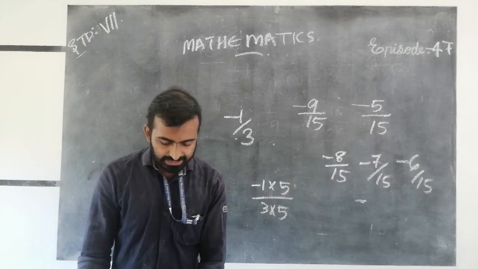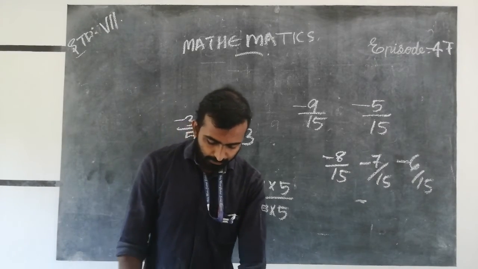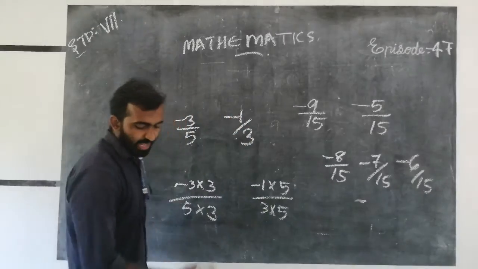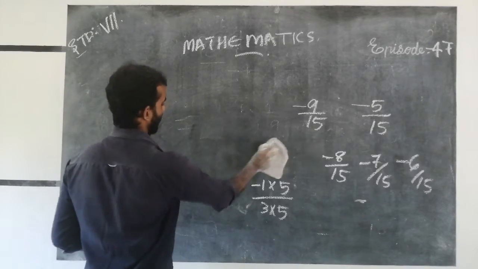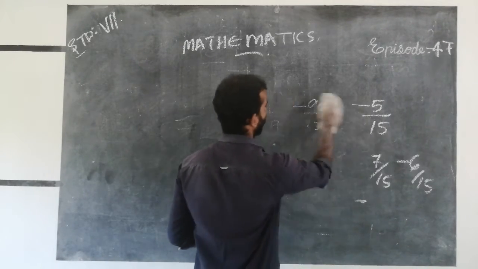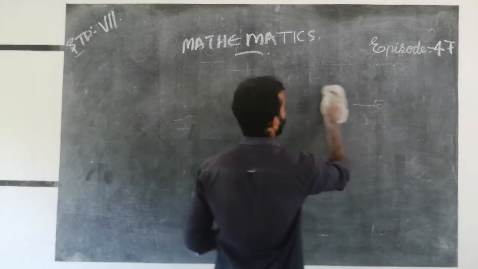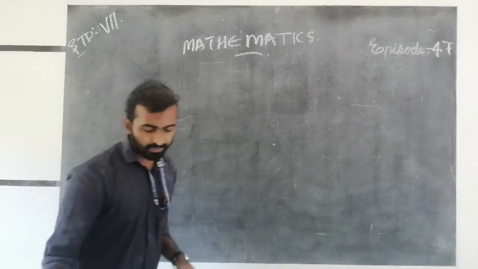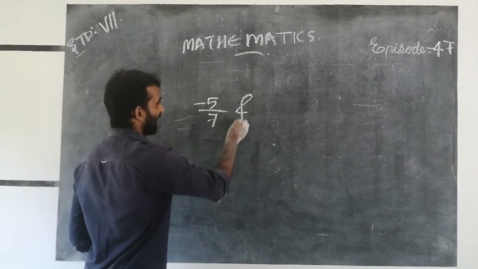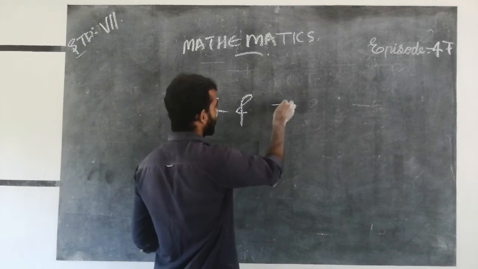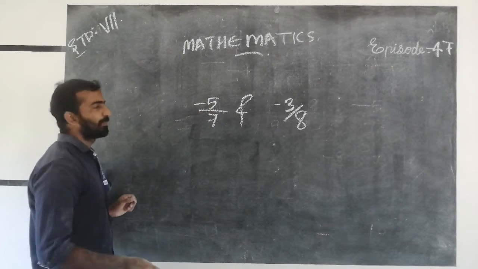Find five rational numbers between negative 5 by 7 and negative 3 by 8.